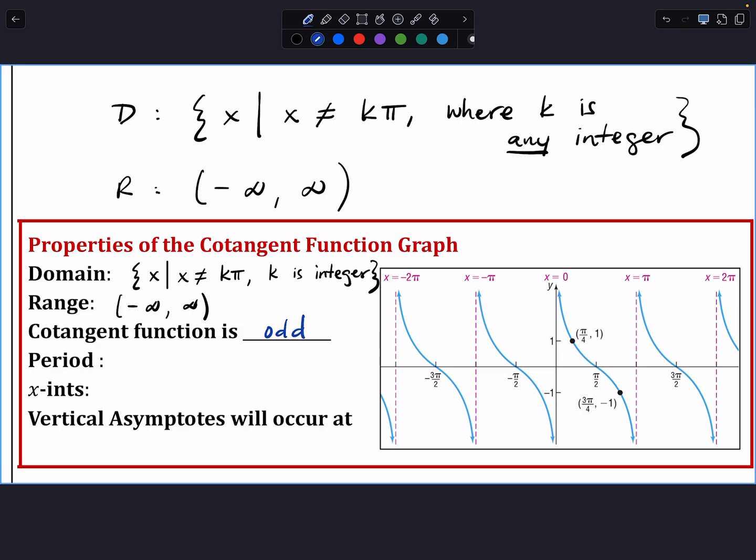I mean, it is a little weird, right? So it makes sense it's odd. Bad joke, bad joke, bad joke. What's the period? Pi.